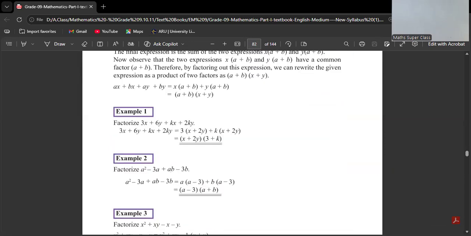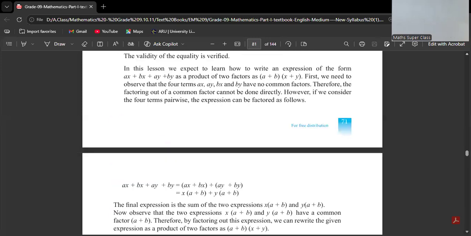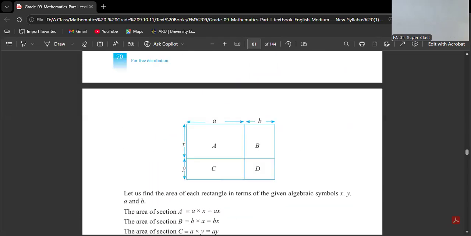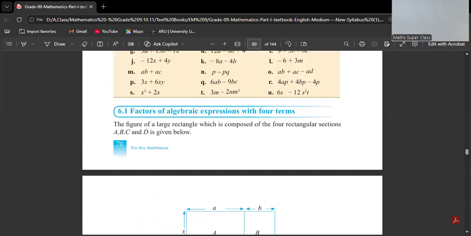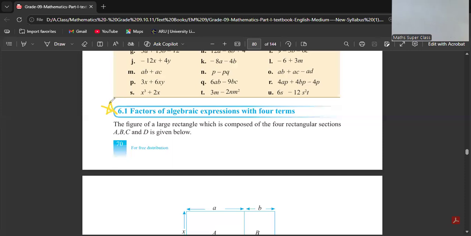Here, this is our subtopic. Copy this one: factors of algebraic expressions with 4 terms.